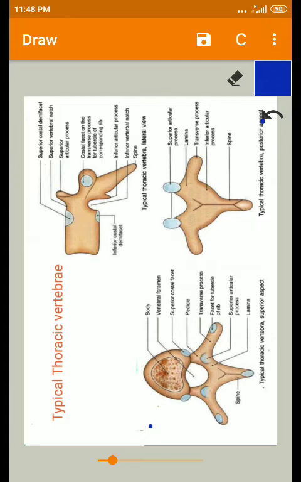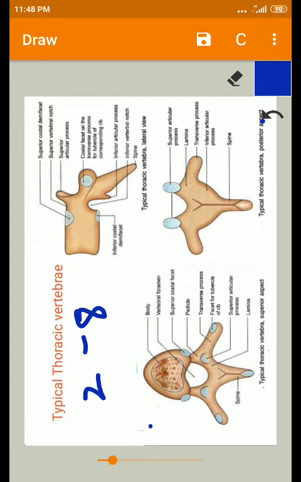As we know, there are 12 thoracic vertebrae, out of which the 2nd to 8th are typical thoracic vertebrae, and the remaining five, that is 1st, 9th, 10th, 11th and 12th, are atypical.